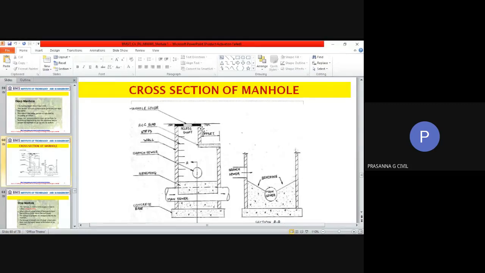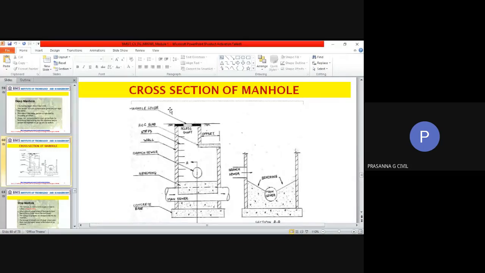The function of a manhole is basically for inspection, but the location of the manhole is decided based on whether the sewer line is straight, whether there is a change in gradient, whether there is a change in direction, etc. And so the manhole will provide access for the maintenance personnel to enter, access the working area and check what problem exists there. So that is the description of the function.